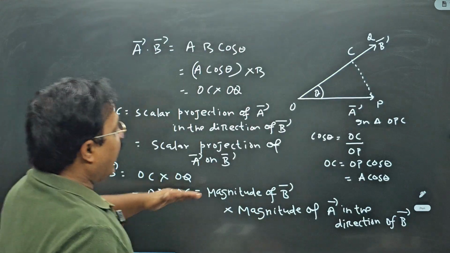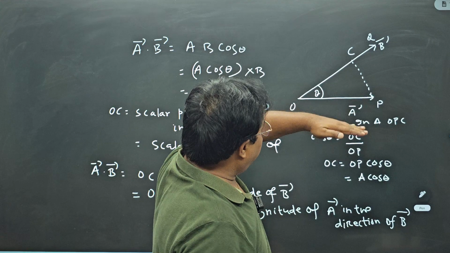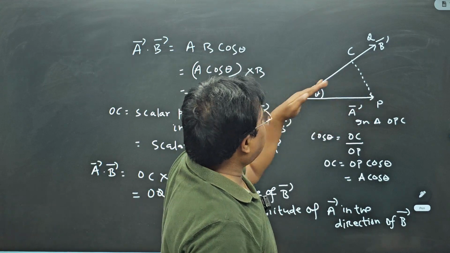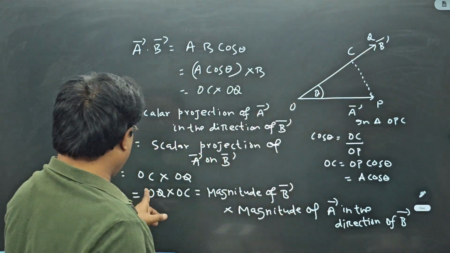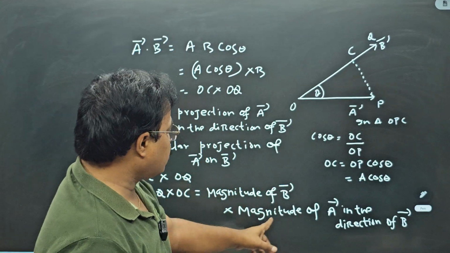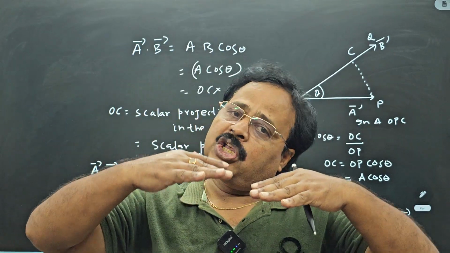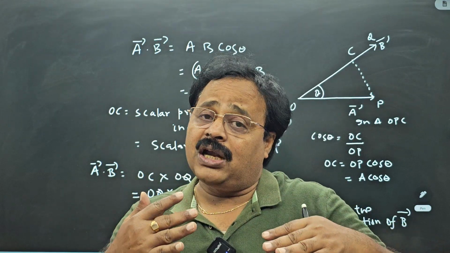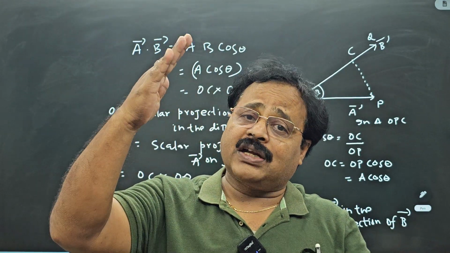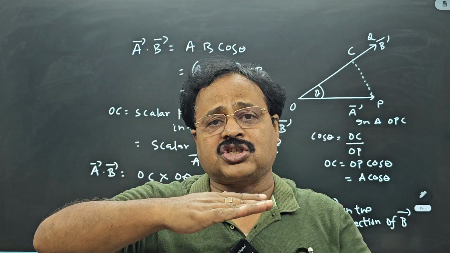Here, I have found the magnitude of A vector in the direction of B vector, then multiplied the magnitude of B into it. It means you multiply the magnitudes of these two vectors. How? You bring the magnitude of one vector in the direction of the other vector.